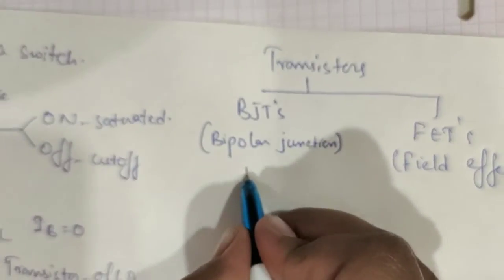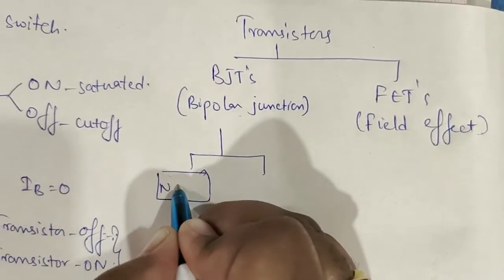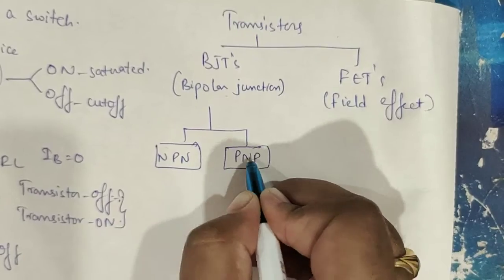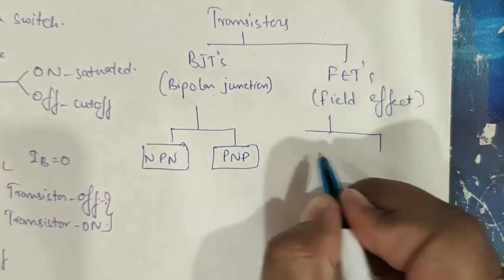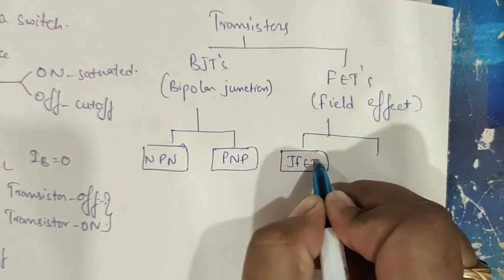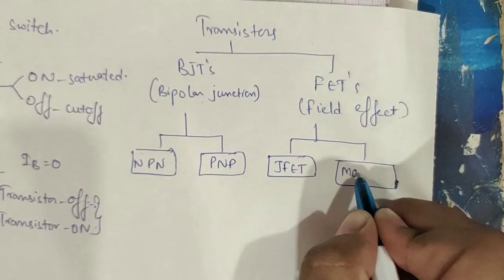The BJTs are again classified into two forms, NPN transistors and PNP transistors. And the FETs are classified into two forms, JFET, junction field effect transistor, and MOSFET, metal oxide semiconductor field effect transistor.